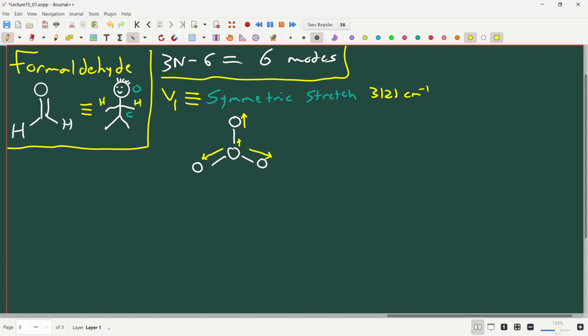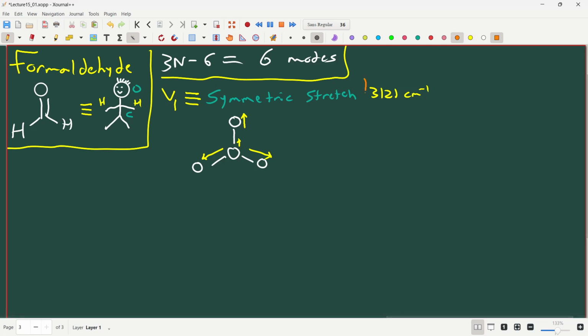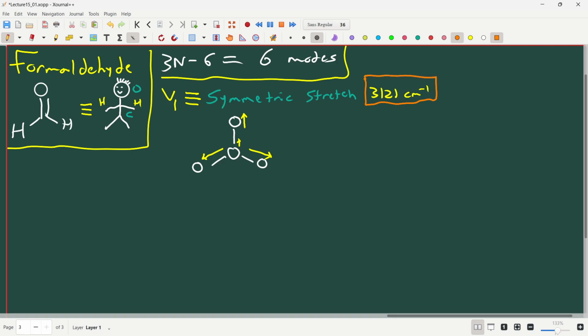Now, this number, if you're given this in organic chemistry and they ask you what kind of vibration this is, the correct answer to the organic chemist would be, oh, this is a CH stretch, because it's at 3,000 wave numbers. And that's precisely what it kind of looks like.